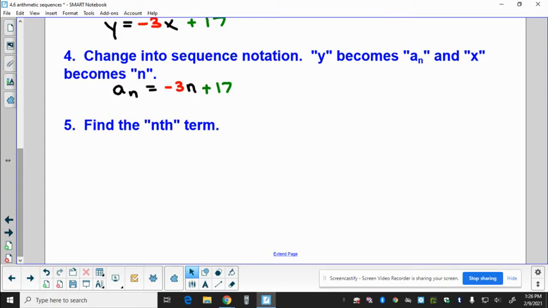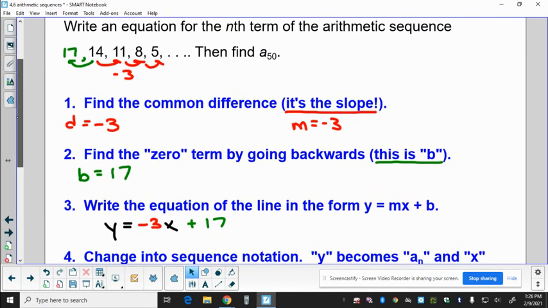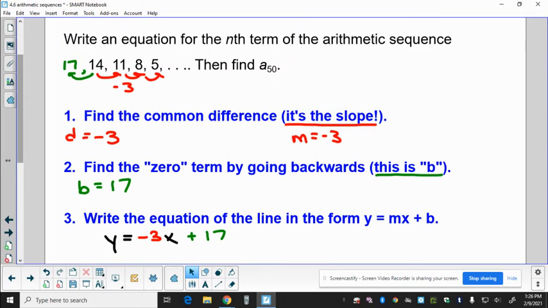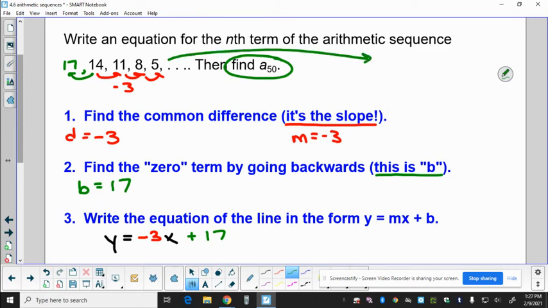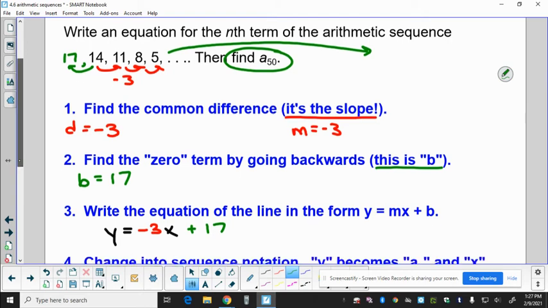Well, let's go back up to the original problem. Look what it says. It says right here, I'm going to circle it. Find a sub 50. Well, that means that in this sequence, if you could go out 50 terms, you would know what that number is. Well, there's an easy way to do this.